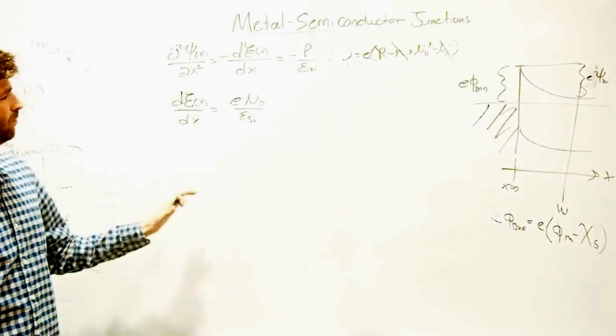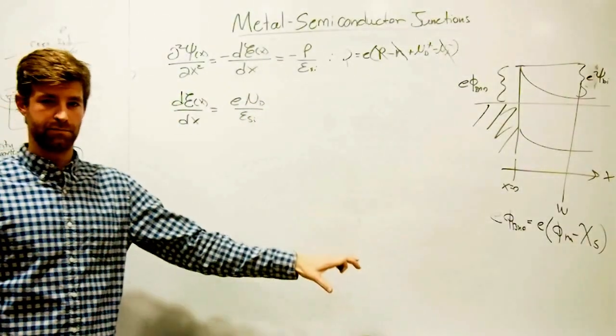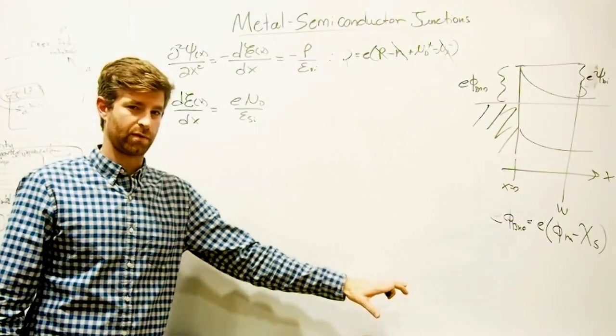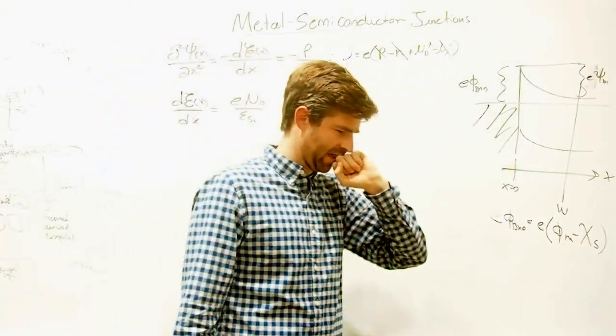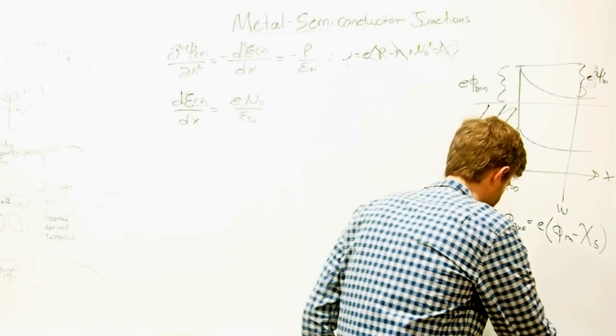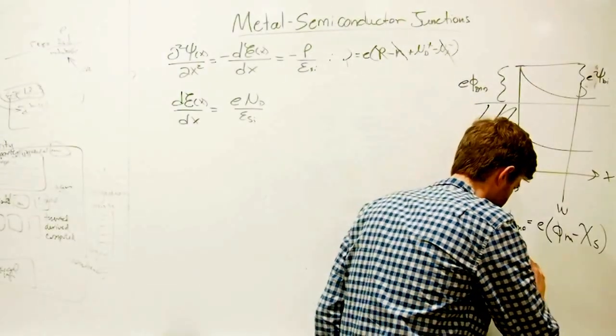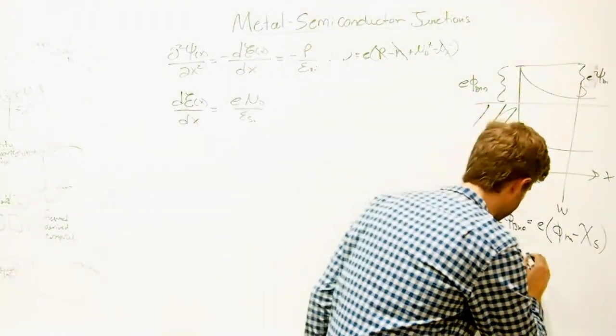Let's make some boundary conditions real quick before we go on. At x equals w, our electric field is 0, correct?